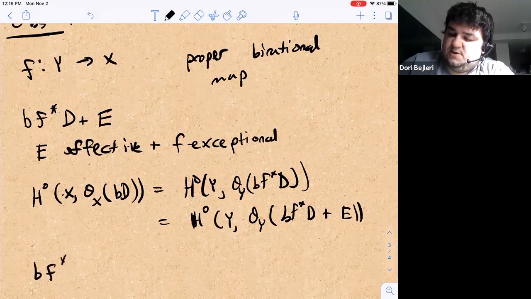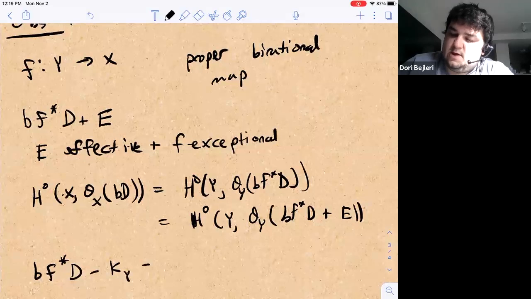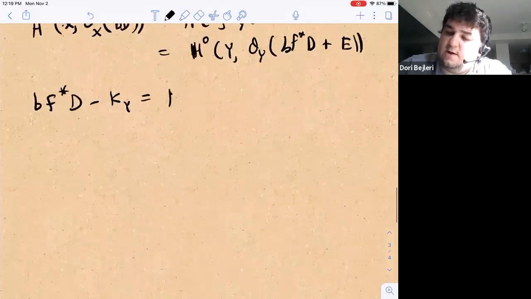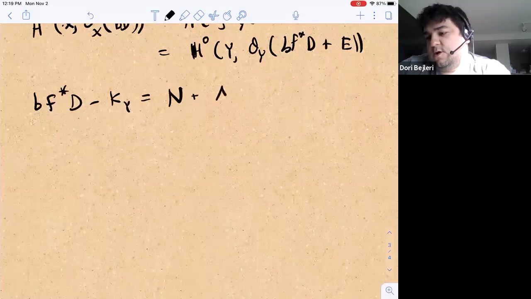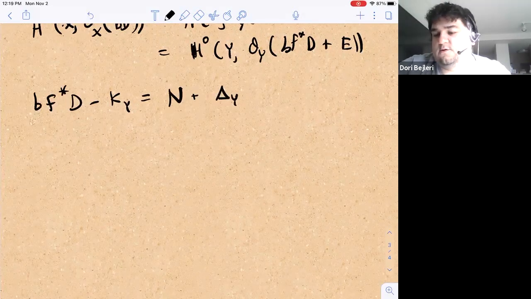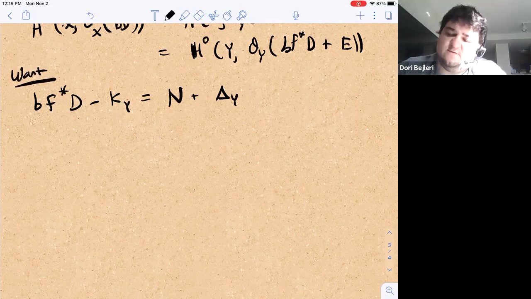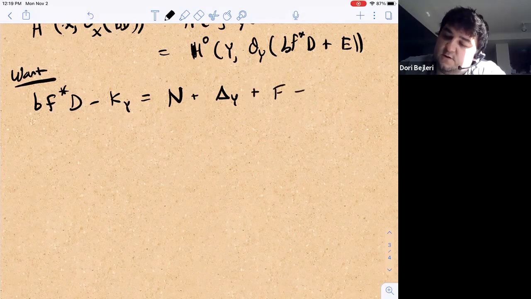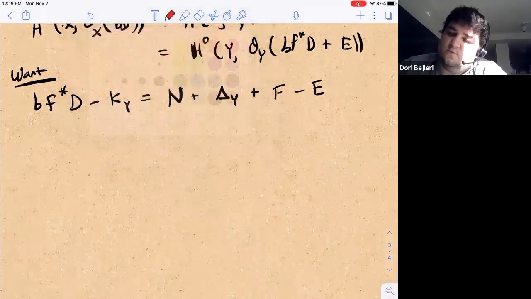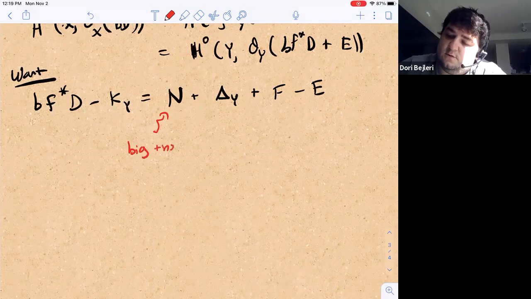We want to write B f^*D minus K_Y of the form N plus Delta_Y plus F minus E, where we want N to be big enough, and we want this Delta_Y to be some KLT boundary.